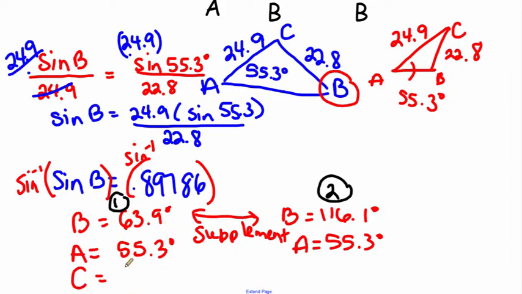And when we do that, we get 60.8 degrees. That's possibly for angle C. We also have to do that over here. What we have to remember is these are the angles that are in my triangle. This is my angle B and this is my angle A. I have to calculate angle C. So if I add those two together and subtract from 180, I get 8.6 degrees.